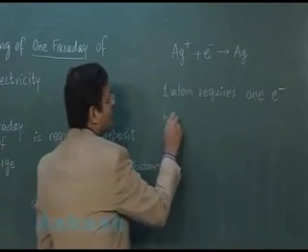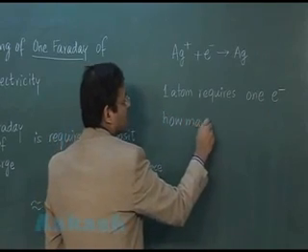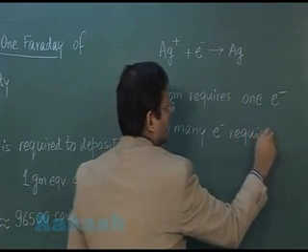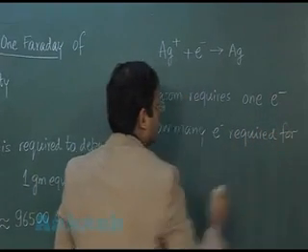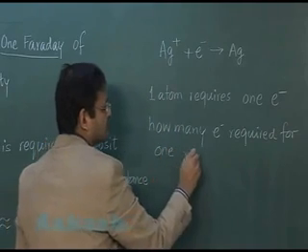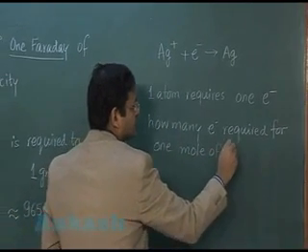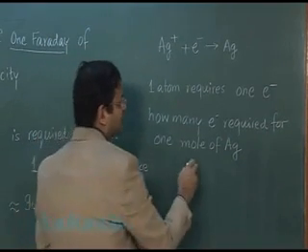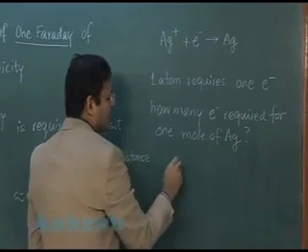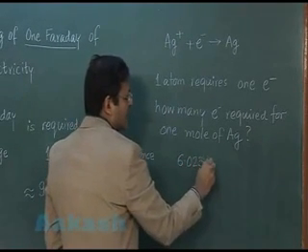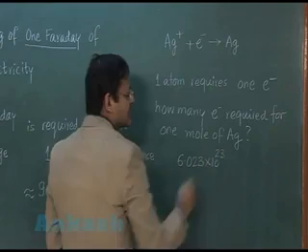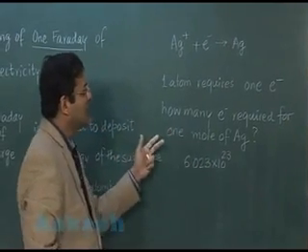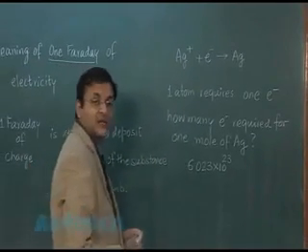Now how many electrons required for 1 mole of silver? अगर हम पूछे कि अगर 1 mole of silver है, 1 mole of silver का मतलब हो गया 6.023 into 10 to the power 23 silver atoms. Then if I am asking how many electrons are required for 1 mole of silver, then you will say so many electrons, isn't it?